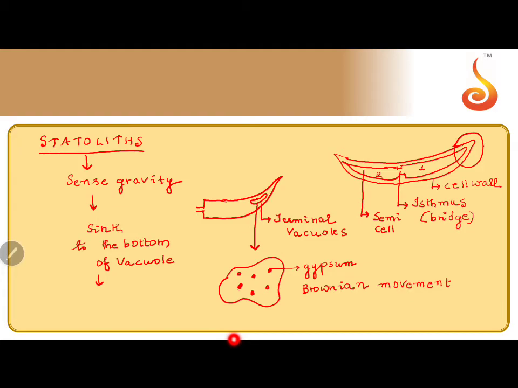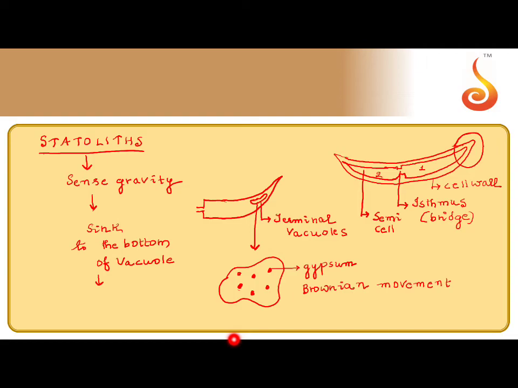So this is working as a statolith in Closterium, where it senses the gravity. These are on the surface of the water body. They are planktonic. For them it is very important to be on the surface because they are performing photosynthesis. So anywhere where they can sink, they need to reduce what they store in the body so that they will become light and float on the surface.